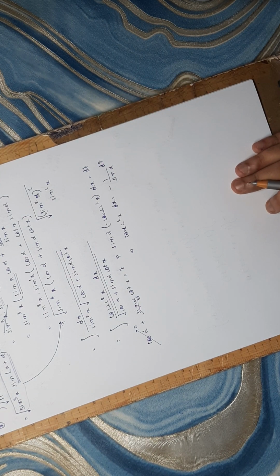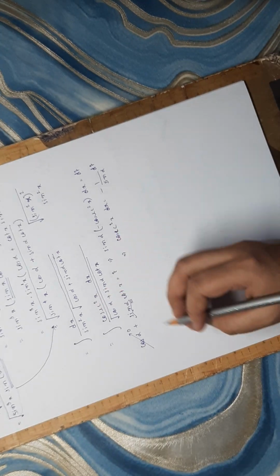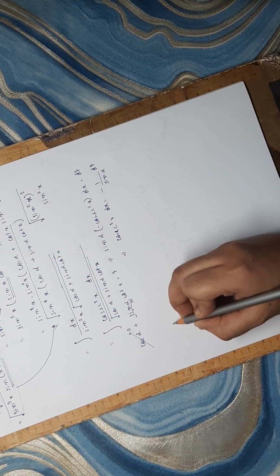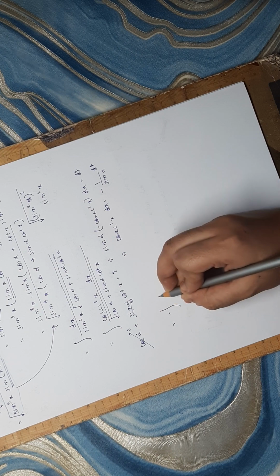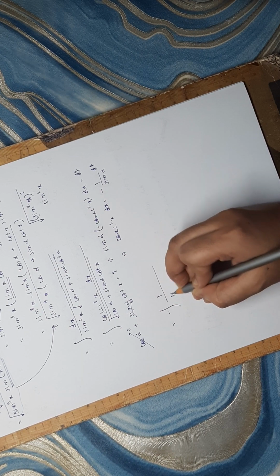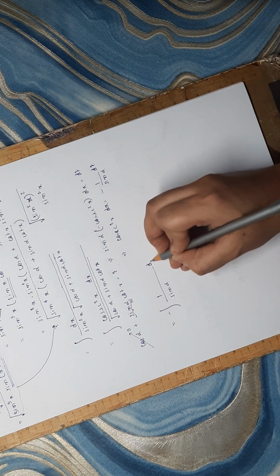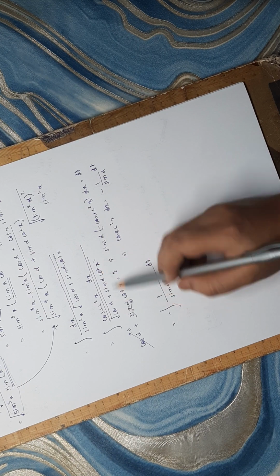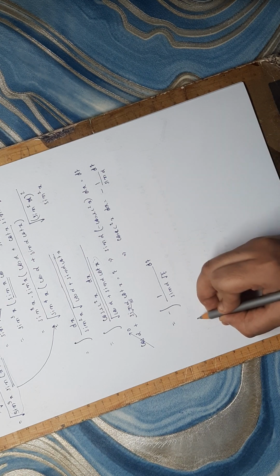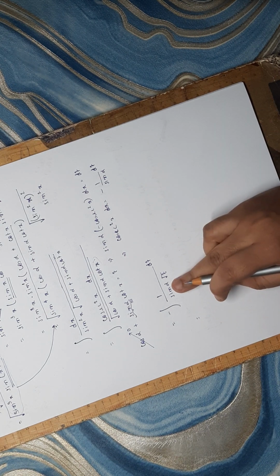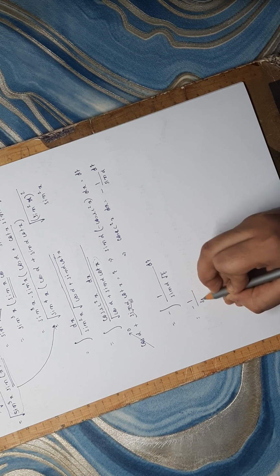Now that we have come up till here, we will simply replace this. How shall we do that? cosec²x dx will be replaced by 1 by sin alpha, and there will be a dt here, and I have taken this part as t, so this will be nothing but a root of t. Since sin alpha is a constant, we will no longer keep it inside the integration and make our integration more complicated.